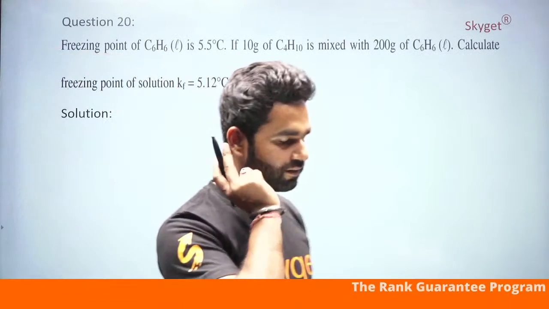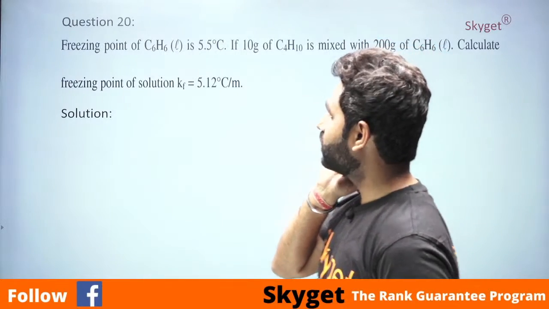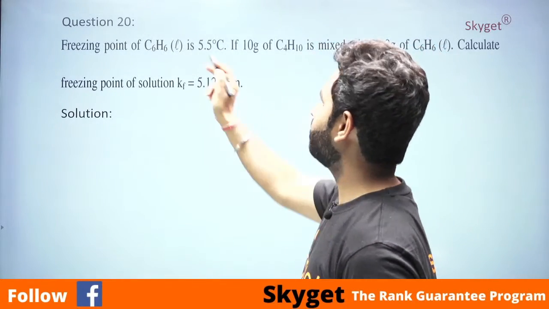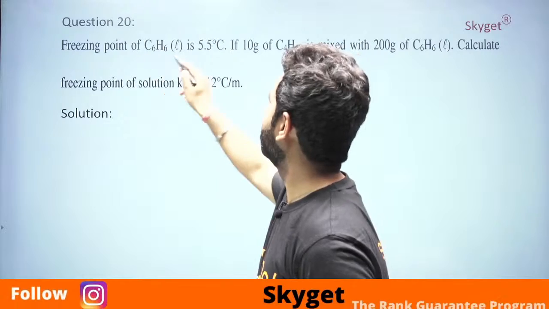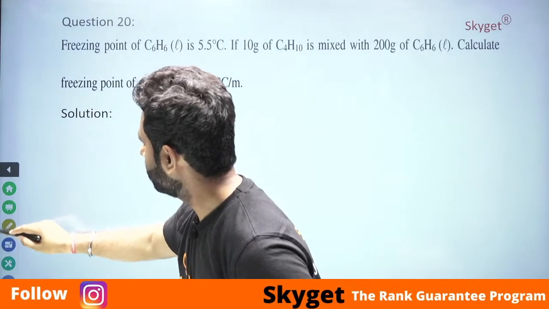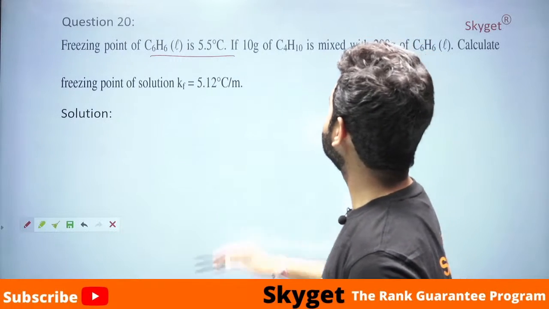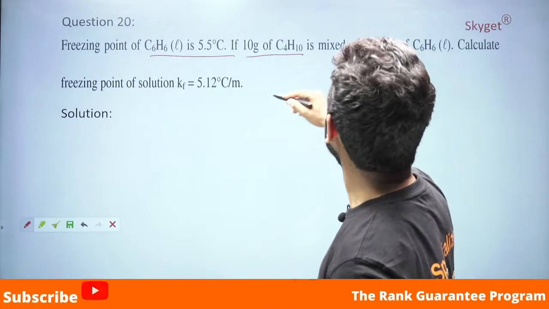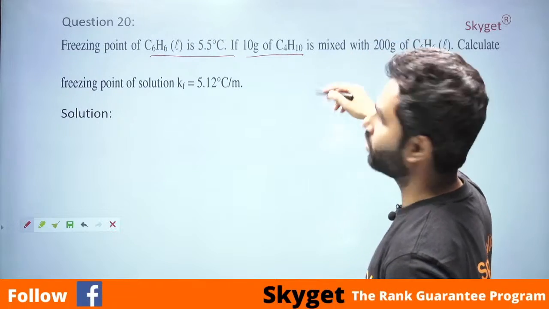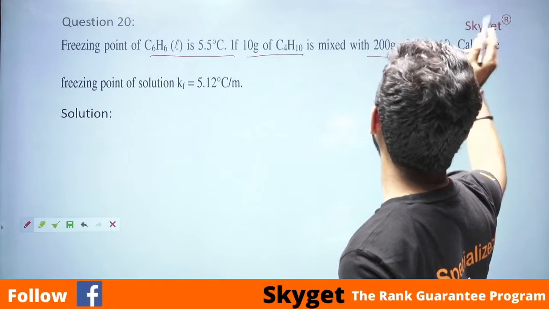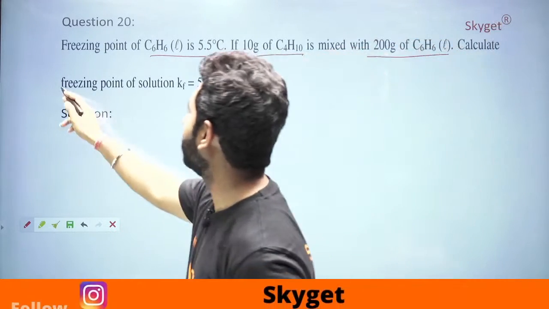Now this question says that the freezing point of benzene is 5.5 degrees Celsius, and if 10 gram of butane is added or mixed in 200 gram of benzene, calculate the freezing point of solution.